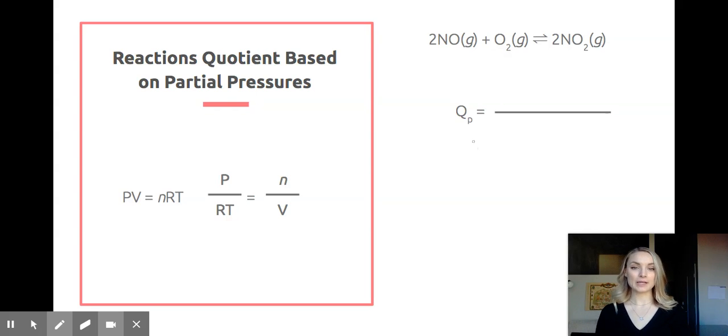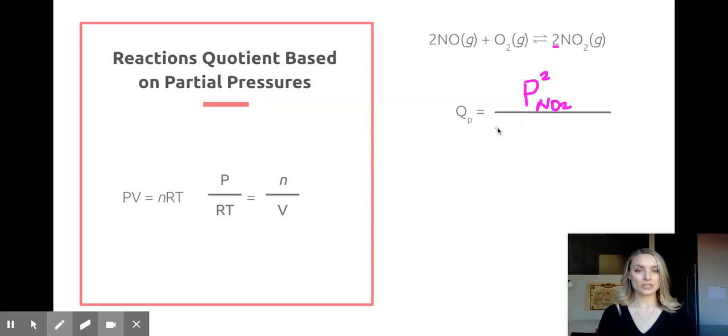It's not too complicated. It's going to look very, very similar to what we're used to. We're going to take the partial pressure of all of our gases. And so when we're starting off, we're writing our products in our numerator. So the partial pressure of NO2, but this is going to be squared because there's a coefficient of 2.